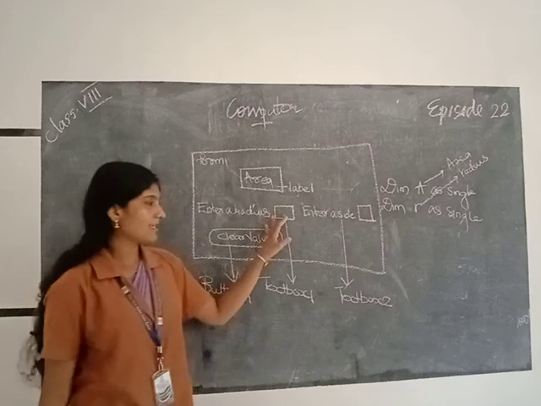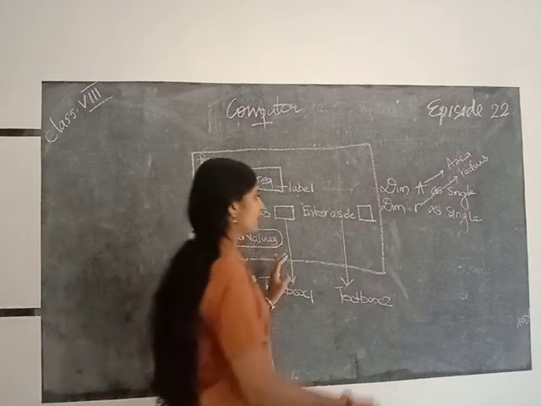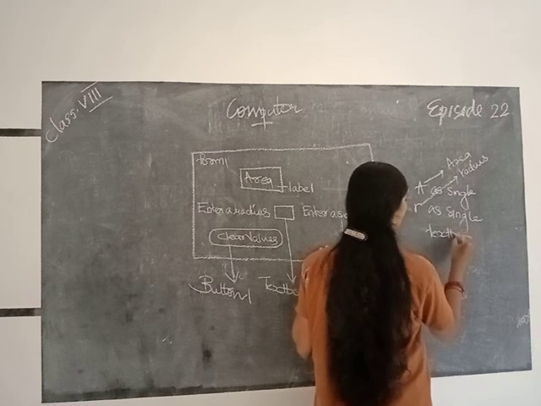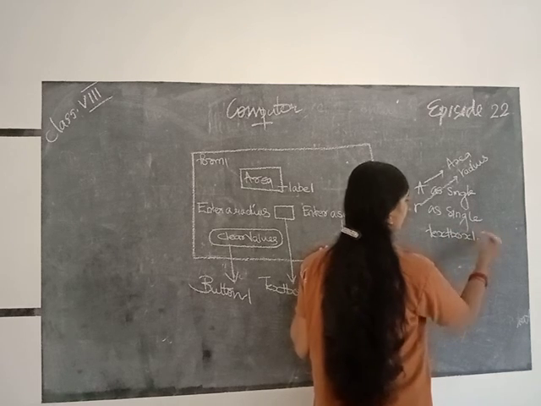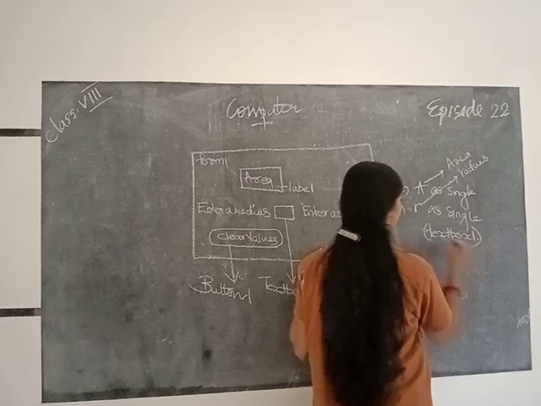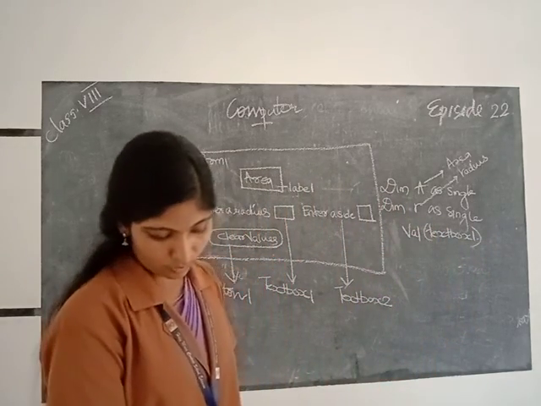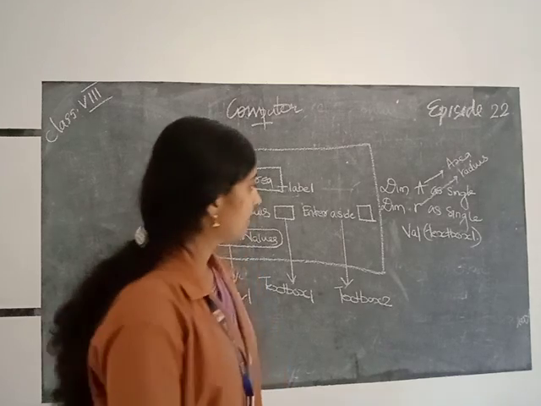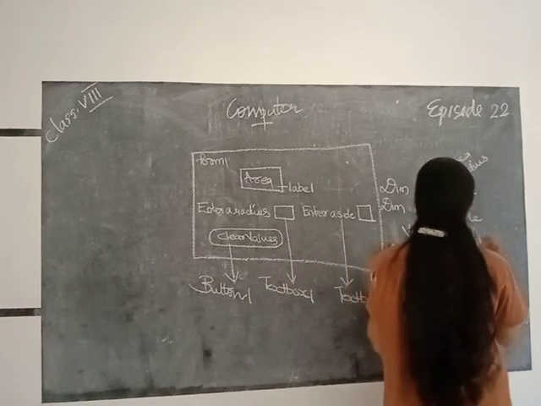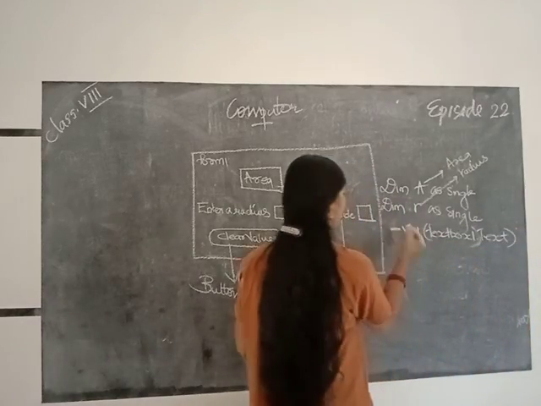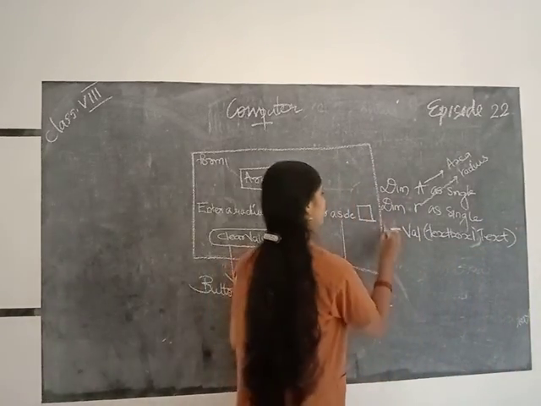So when we enter the value in this box, that is text box 1, we use Val of text box 1 dot txt, which is equal to r.